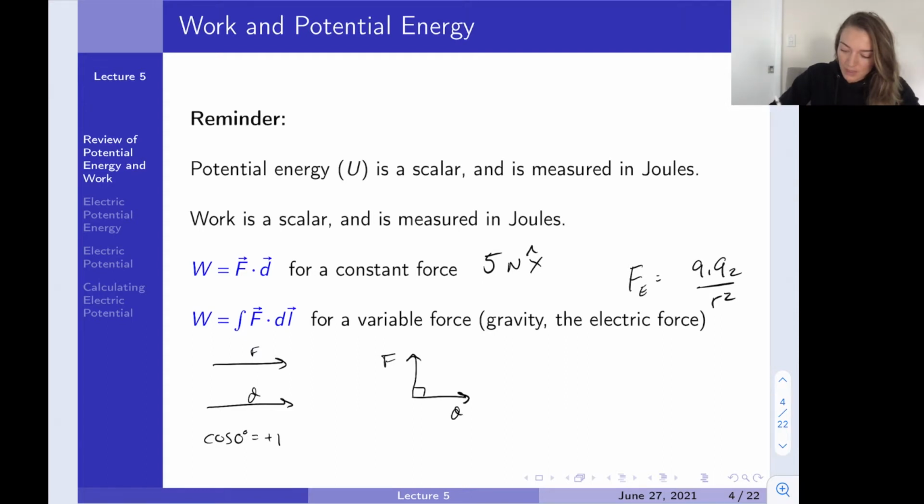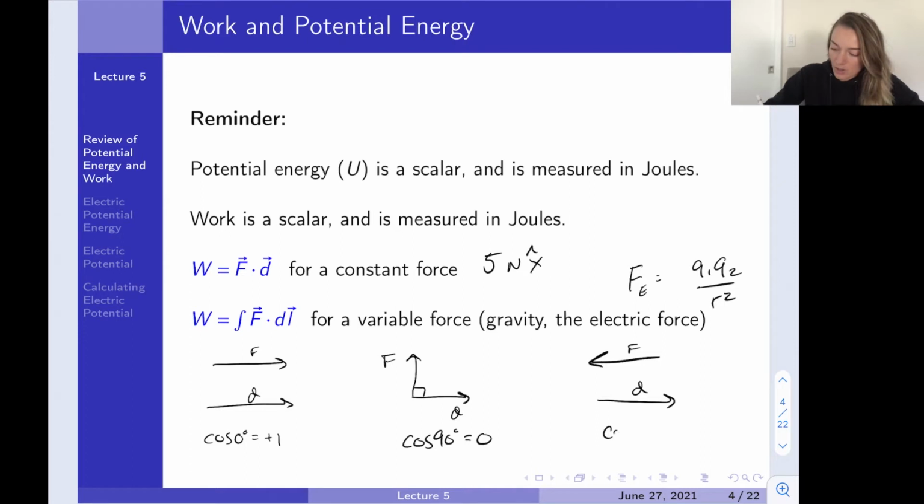If our force and our displacement are perpendicular, that means that our cosine now is 90 degrees, and cosine of 90 is 0. So if our force and displacement vectors are perpendicular, no work is done. And then if they're in opposite directions, so if our force and displacement are opposite, our cosine here is 180 degrees, and cosine of 180 is negative 1. So when our force and displacement are in opposite directions, our work done by that force will always be negative.